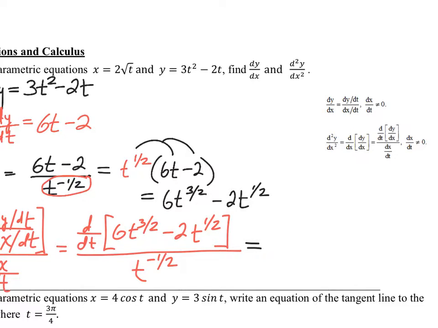What do we say? 9t to the 1/2, yeah. Then minus, the bottom is going to stay put. Negative 2t to the 1/2 becomes? t to the negative 1/2.